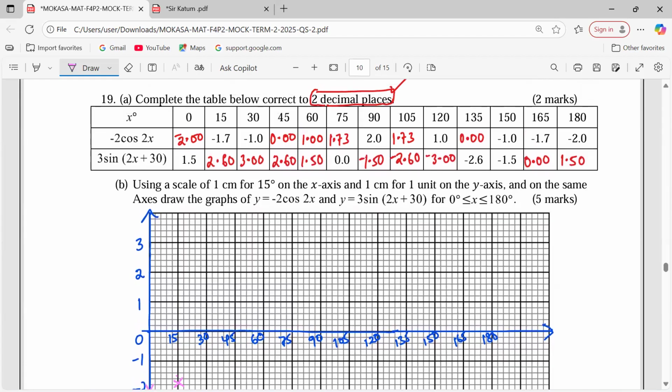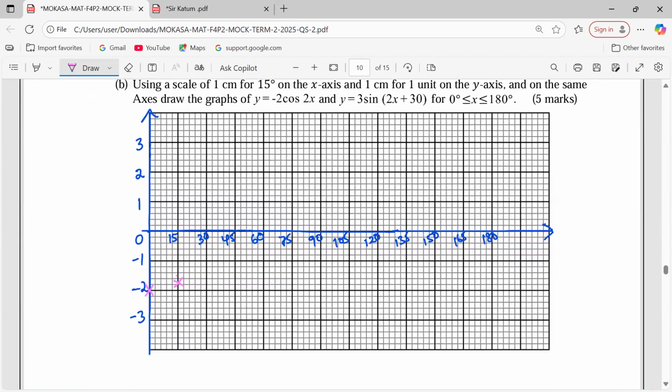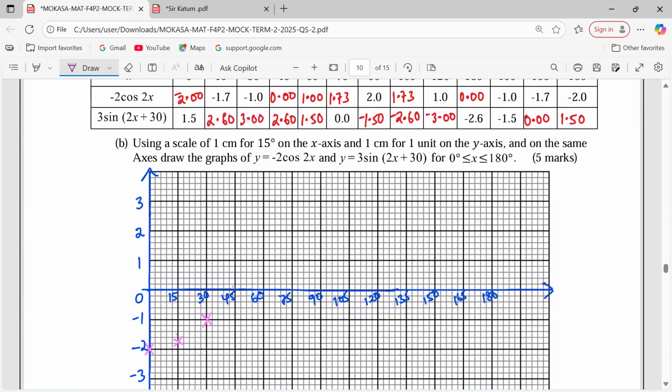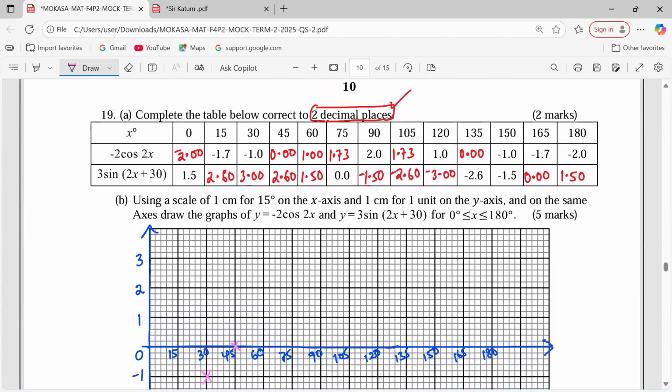Then we go to 30, -1. 45, 0. 60, 1. 75, 1.75. So 1.75 will be here.